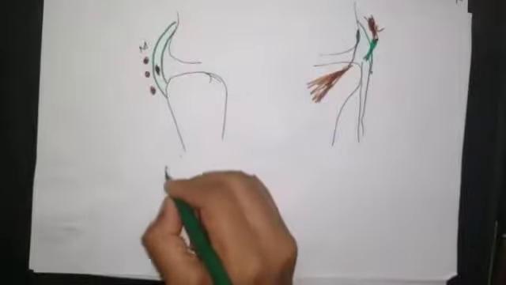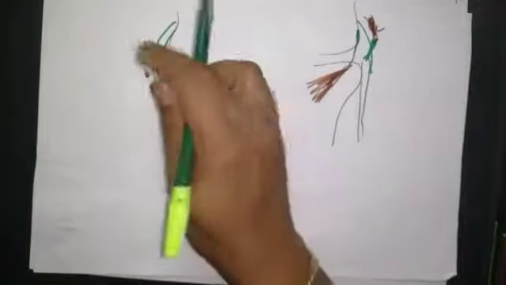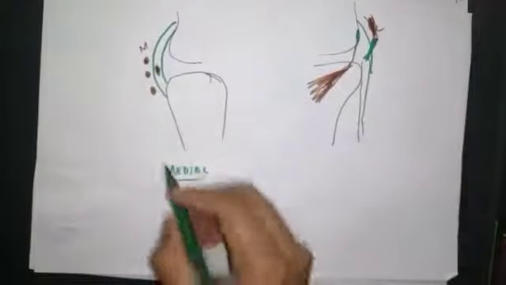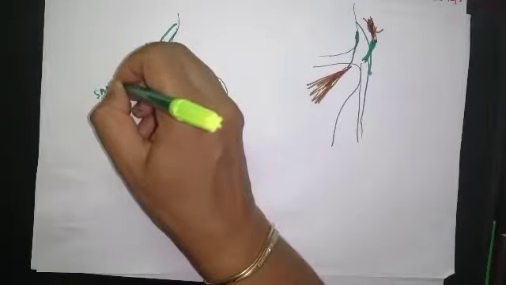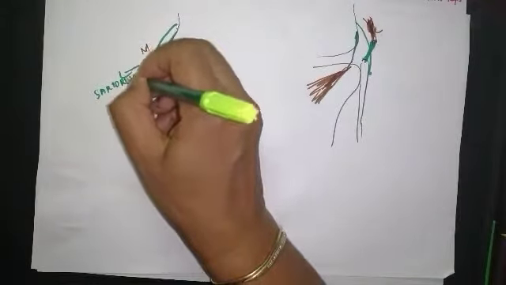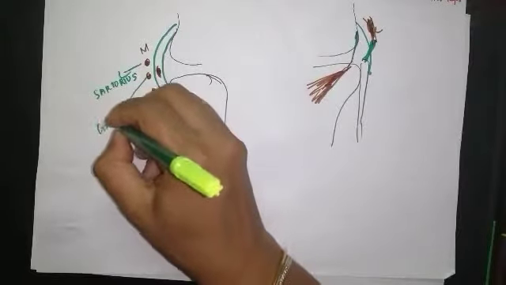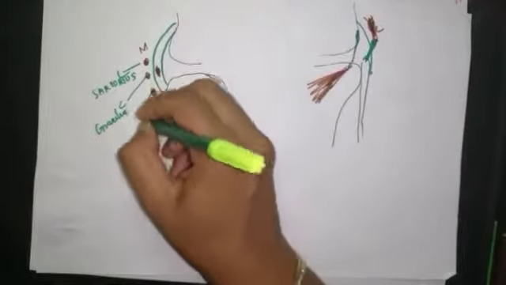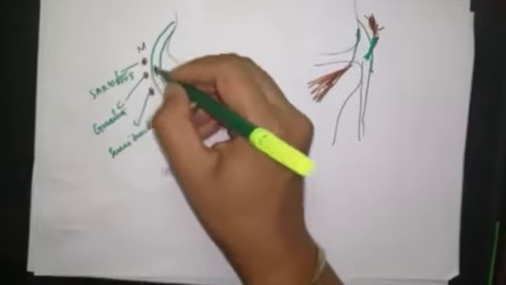So which are the medial relations? The medial relation is formed by these four tendons, that is sartorius, gracilis, semitendinosus, and semimembranosus.